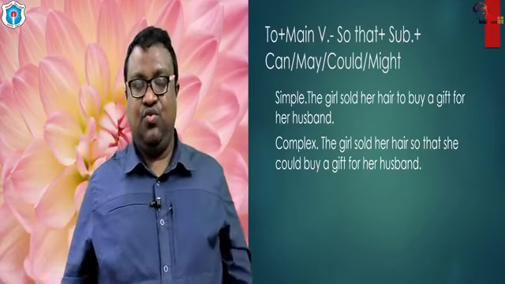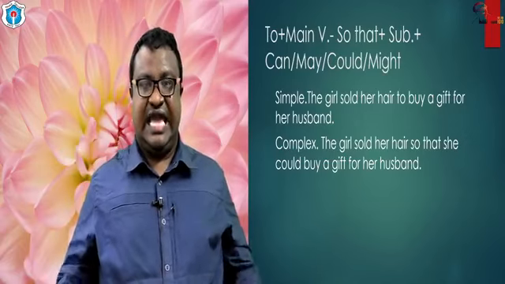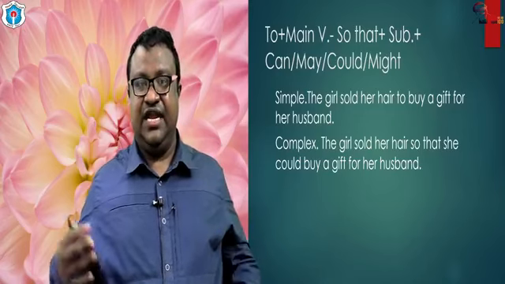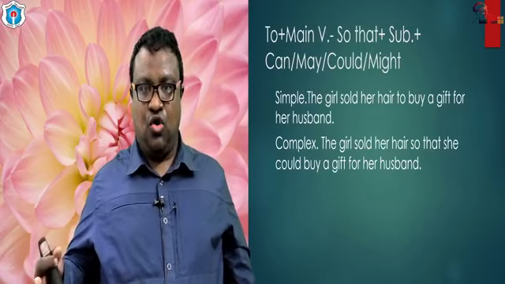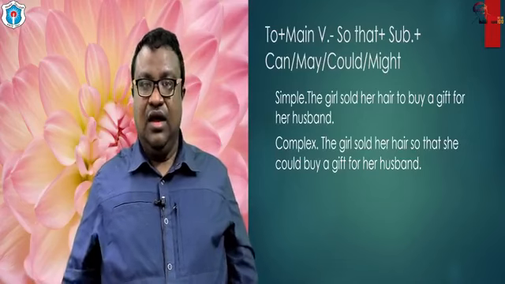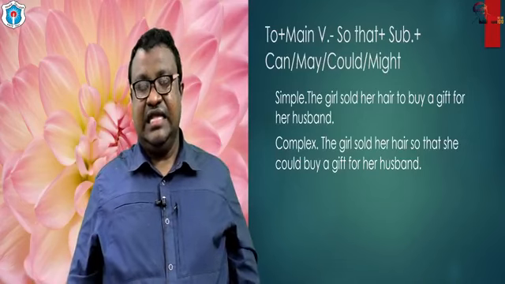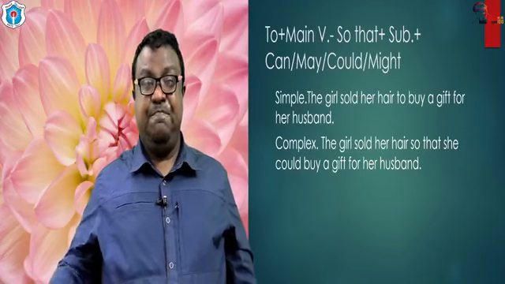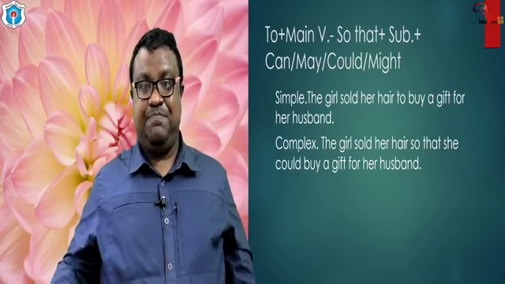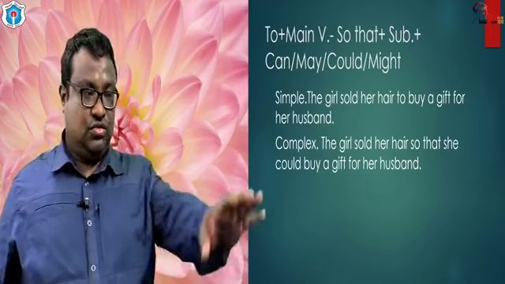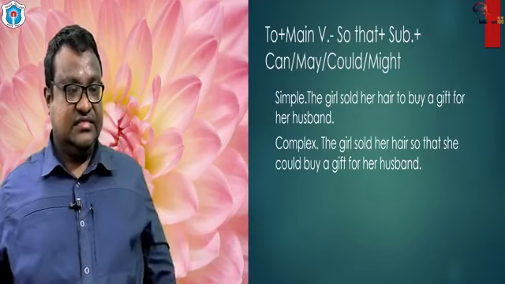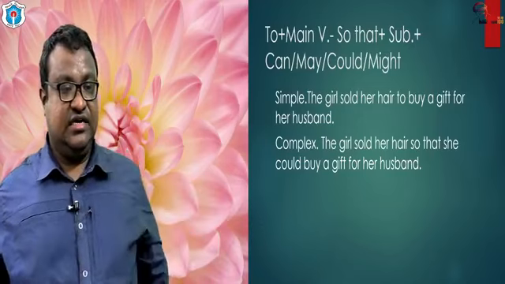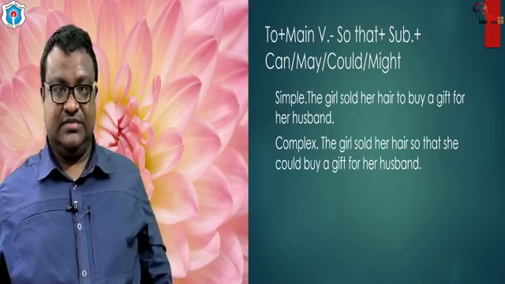So when we are using modal verbs like can, could, may, might, shall, should, will, would, ought, etc., of course the main verb will be in the base form, in the present form. So here we see that the girl sold her hair to buy a gift for her husband.